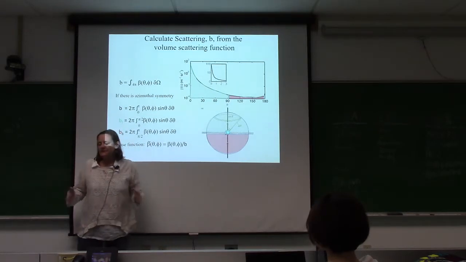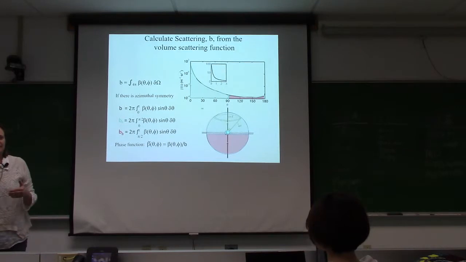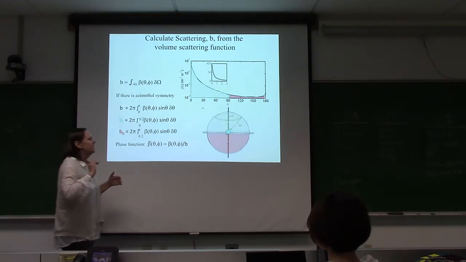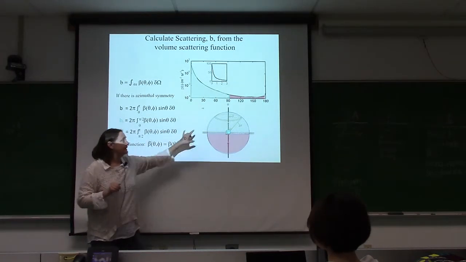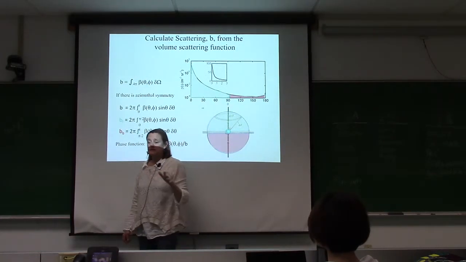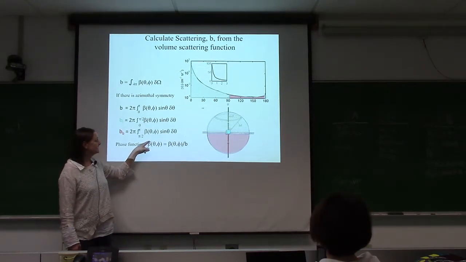But if you wanted to be able to compare the angular distribution of the scattering for material that had different concentrations or different efficiencies, you could take this volume scattering function and divide it by the area under the curve, so that then you could look at different shapes of the scattering coefficient. And we call that the phase function. It has a little tilde over it.